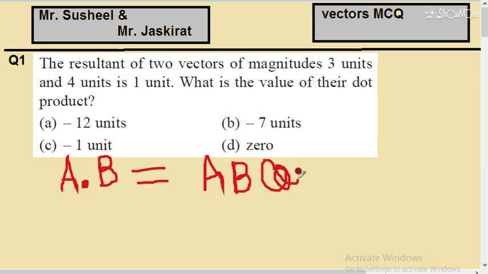So a dot b equals |a||b| cos theta, where theta is the angle between the two vectors a and b. I hope you know this already, but the concept is different here.